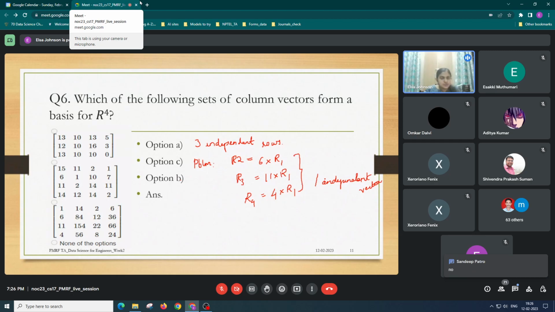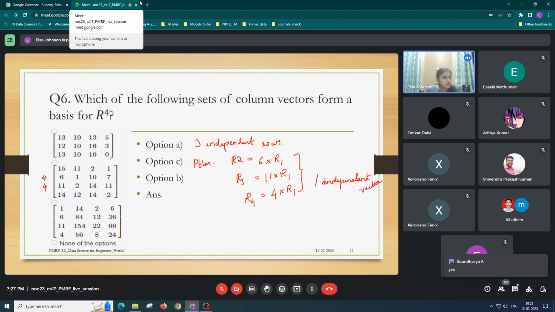Can you tell me the reason, Sandeep? How many rows and columns are there in option B? So in option B, there are 4 rows and 4 columns.